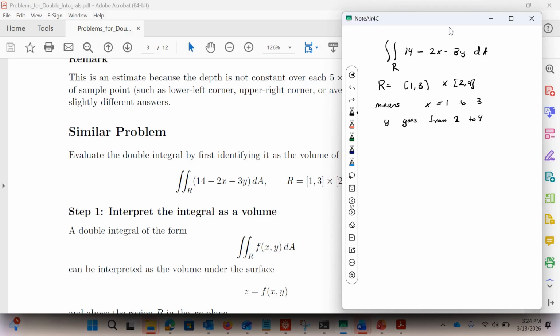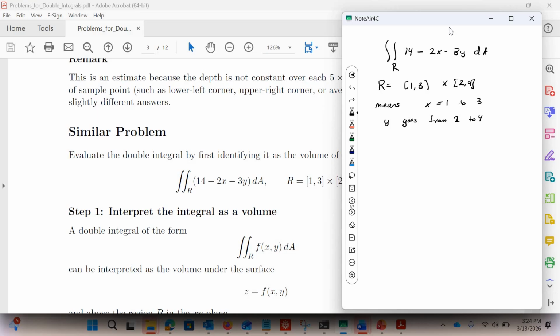The little dA that they have here, that I have too, is really dx times dy. If you multiply the change in x times the change in y, you have the change in area. So dA stands for change in area. They haven't told you which one to do first. It's up to you.